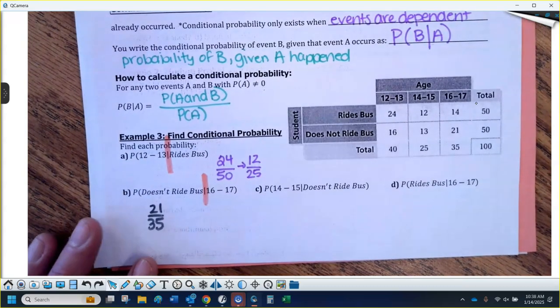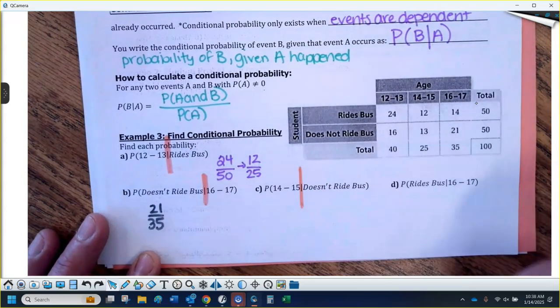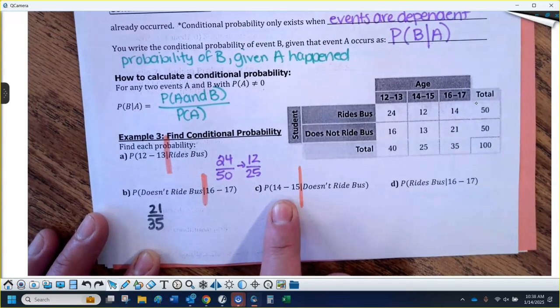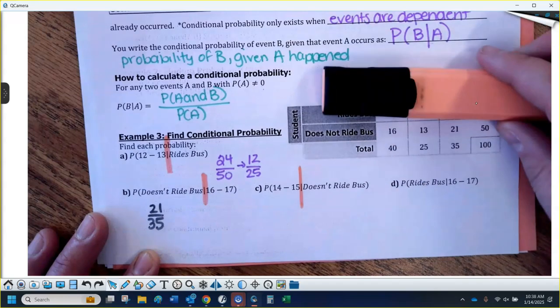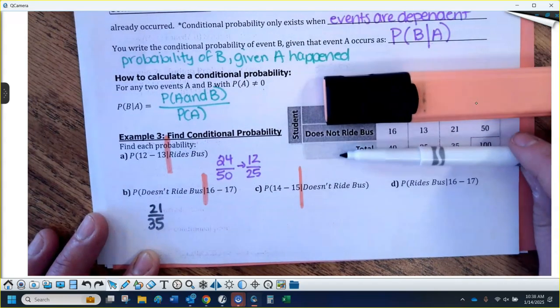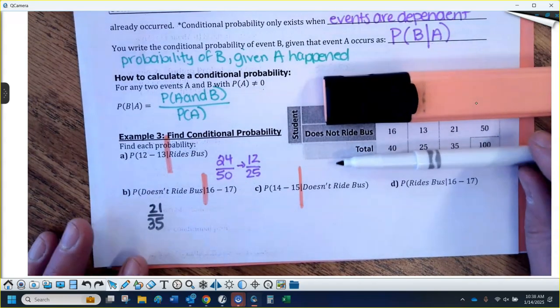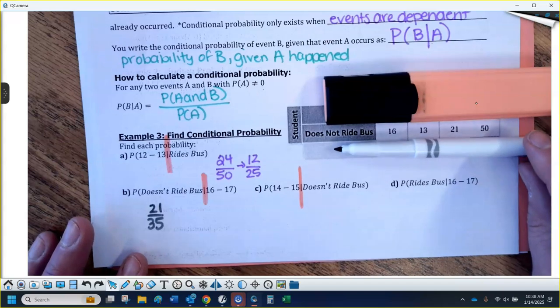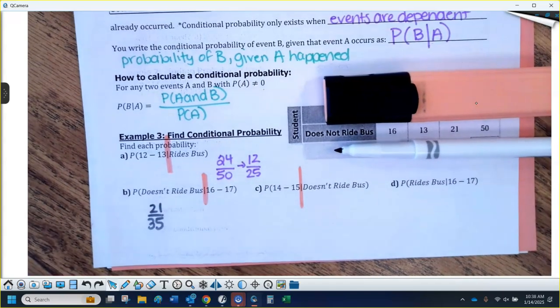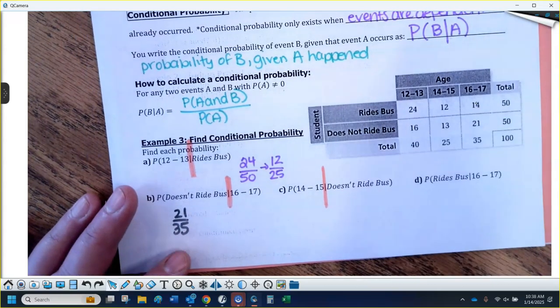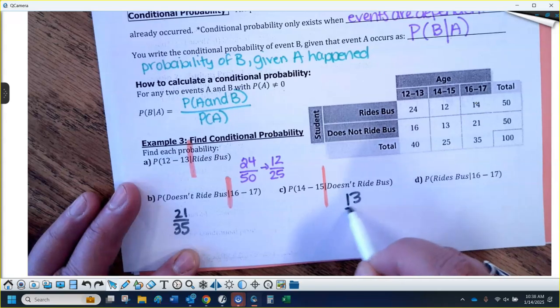All right, if you don't ride the bus. Okay, so given that I don't ride the bus, what's the probability I'm in the age group 14 to 15? So don't ride the bus, you're just going to look at that row. Maybe if I can get my marker to sit still. The probability I fall into the 14 to 15 age range would be the second column there, so there'd be 13 out of 50, and that's all you have to do.